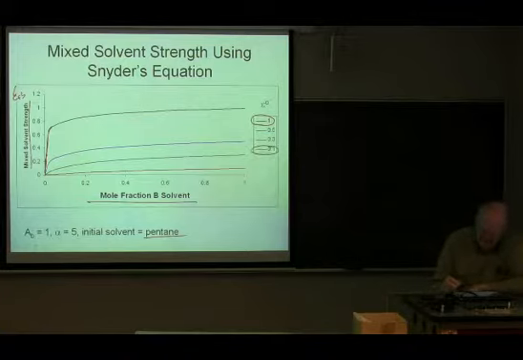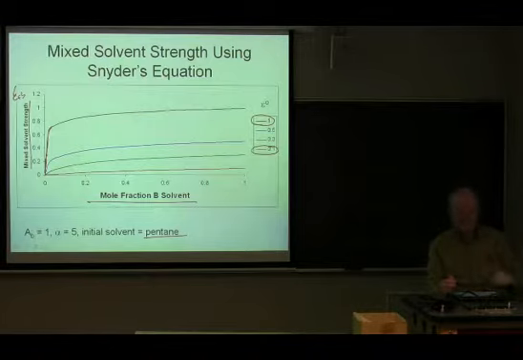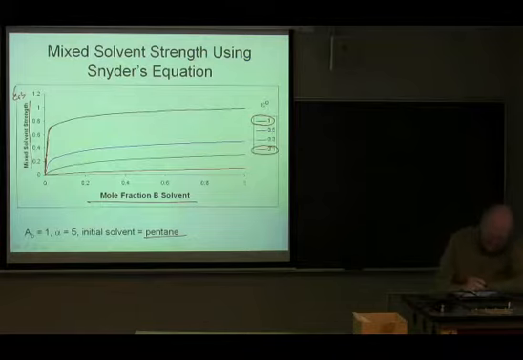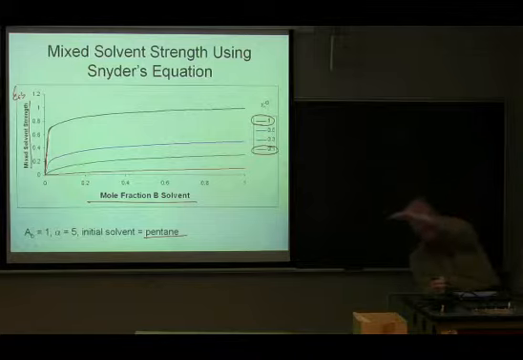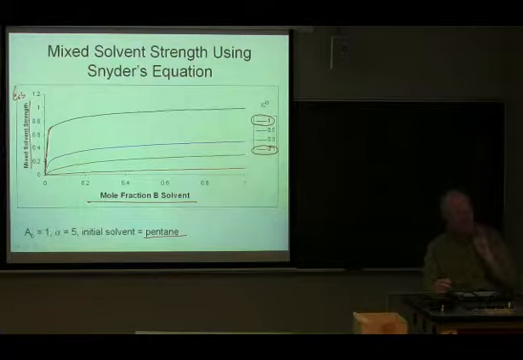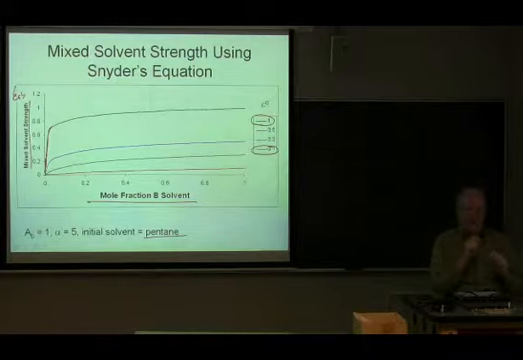If you add a weaker solvent to pentane, remember pentane is 0, it just meanders on slowly. It just curves over gradually. What this is saying, and this is very important, is a teeny bit of strong solvent in a really weak solvent goes a long, long way.